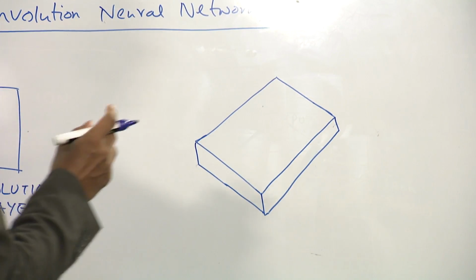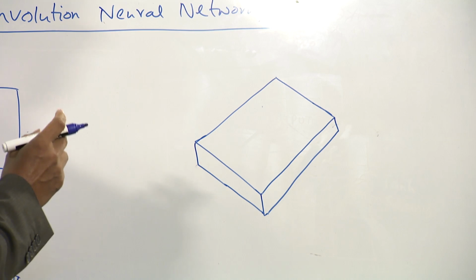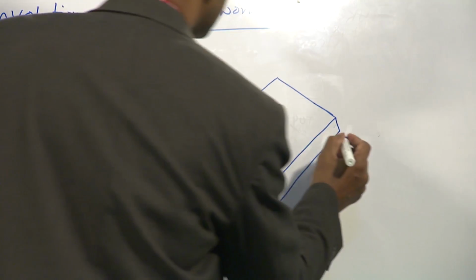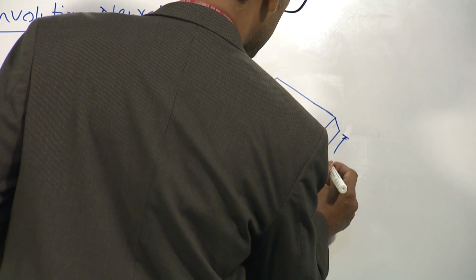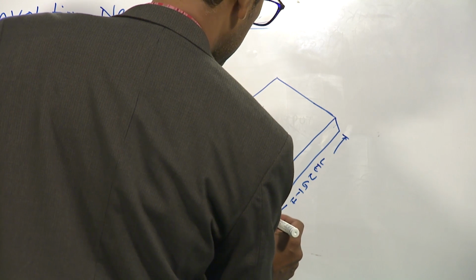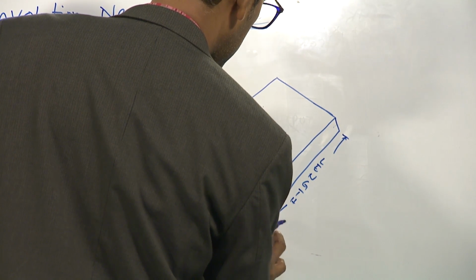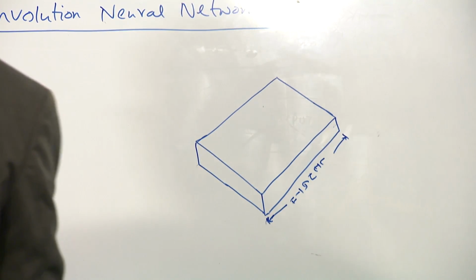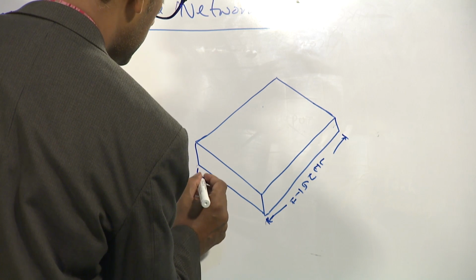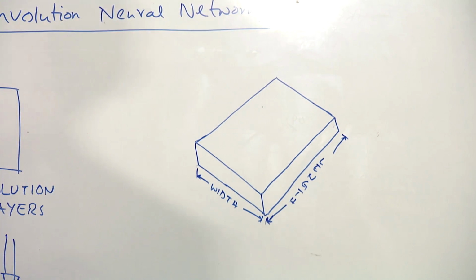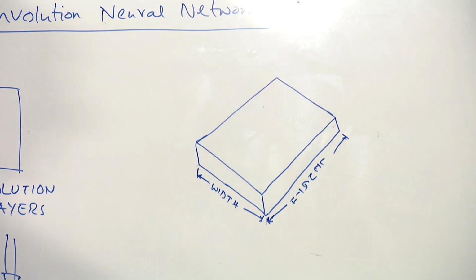Now, it has length, breadth, width and height. So, it can be represented by length, which is this, and width, which is this, that is the dimension of the image, correct.